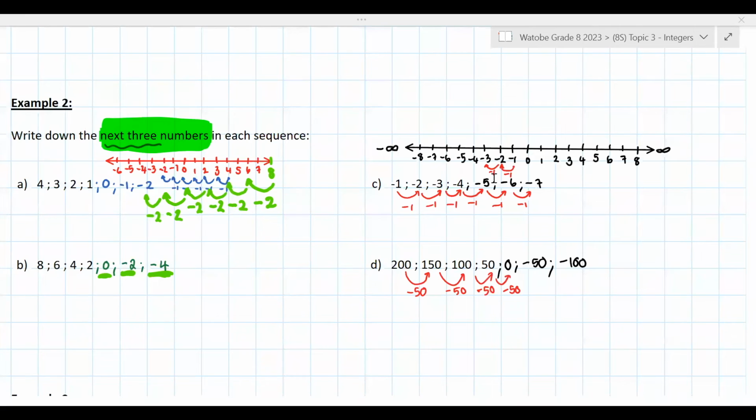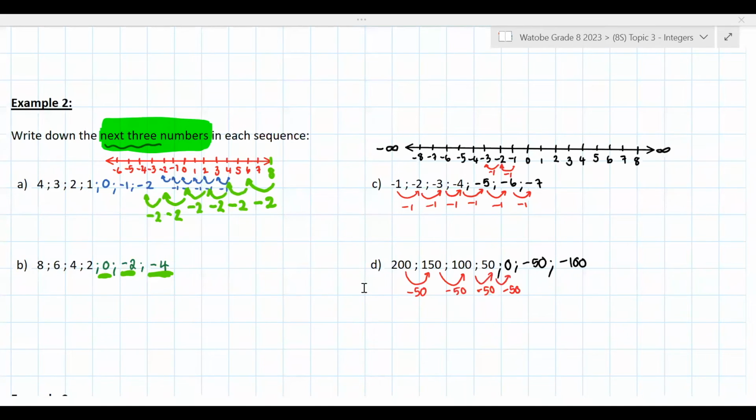My question is, can you please explain number D again? I don't understand quite. Okay, so D, we're just subtracting 50 each time. So if we say 200 minus 50, we get 150. 150 minus 50, we get 100. So we just keep subtracting 50 to get our terms. Yes, ma'am. Thank you. Okay.